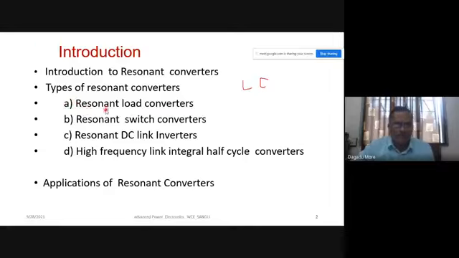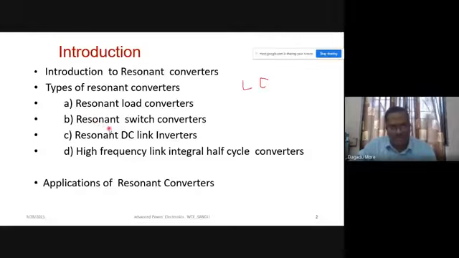And whenever this resonant circuit is part of the load, we call it a resonant load converter. So we can say that the LC circuit, which is an undamped resonant circuit, will be part of forming the load. We have a resistance load, and at the same time we have LC, and that converter we can call a resonant load converter.